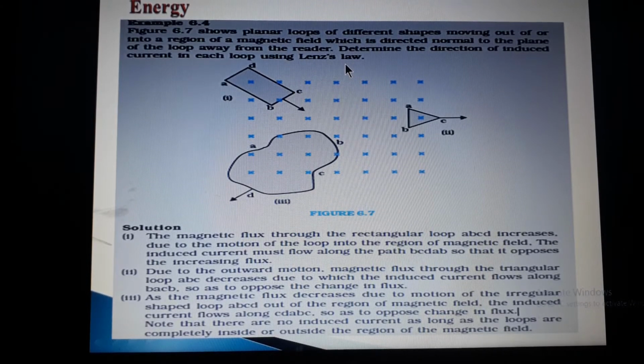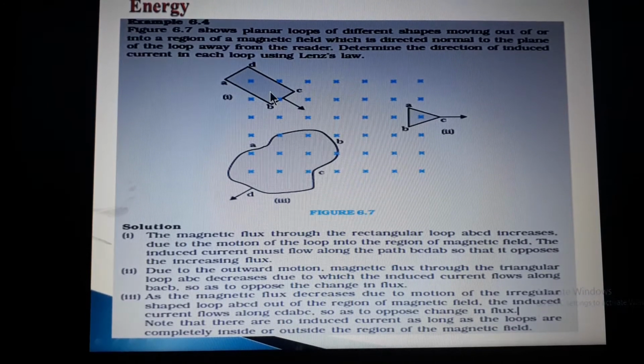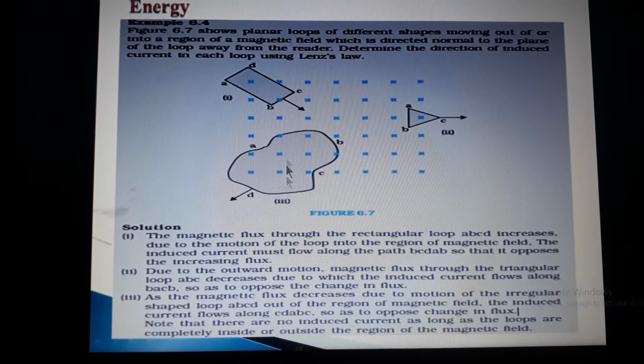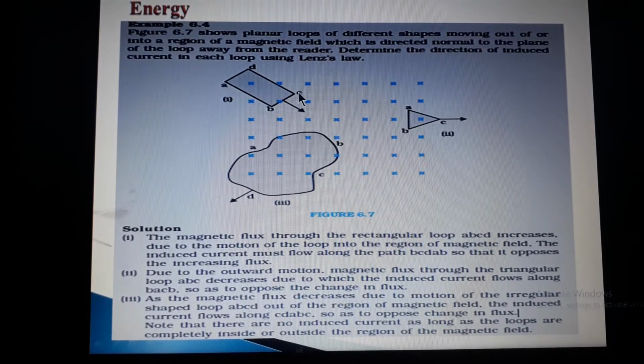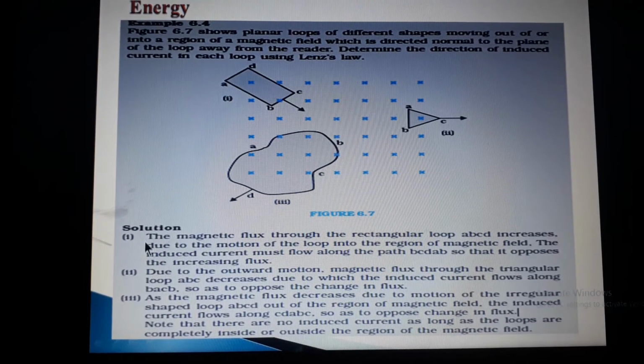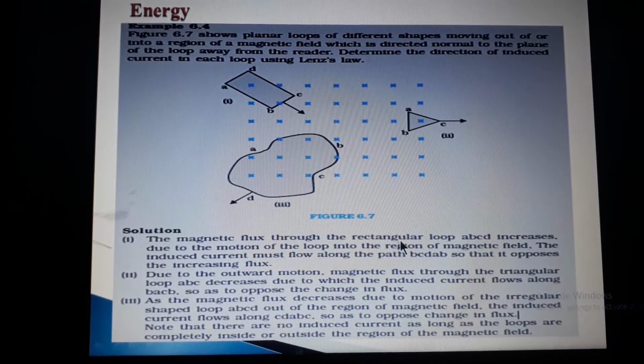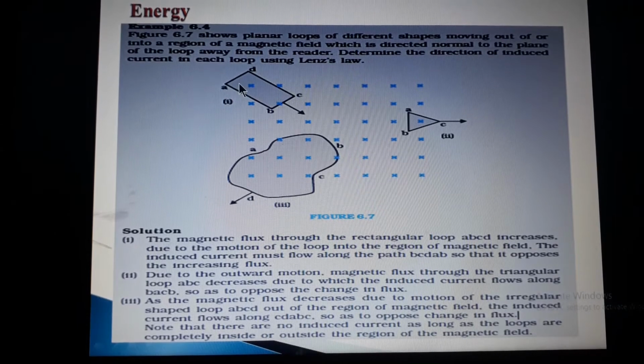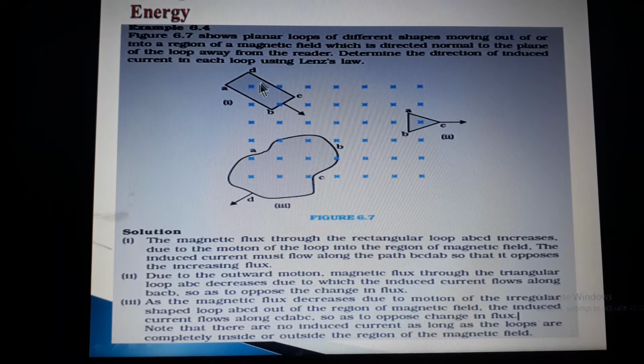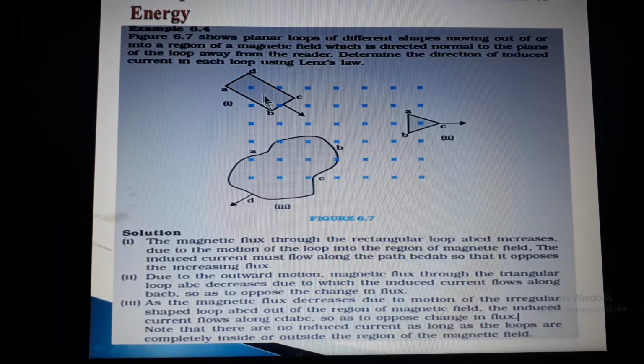In this example, we only have to find the directions of current in the first figure, second figure and third figure. This first one is a rectangular loop. Just see the solution. The magnetic flux through the rectangular loop ABCD increases, because this loop is coming towards the magnetic field.